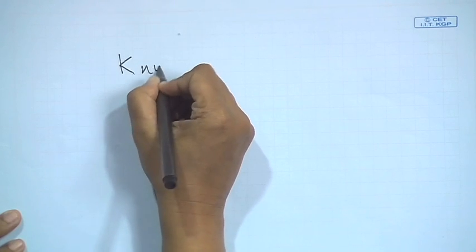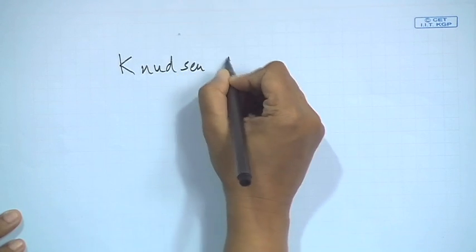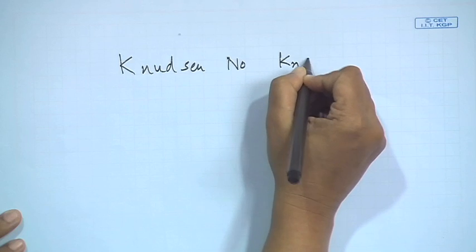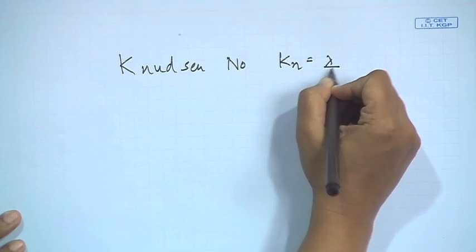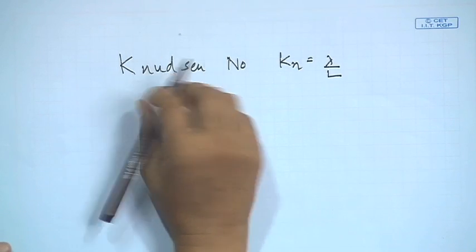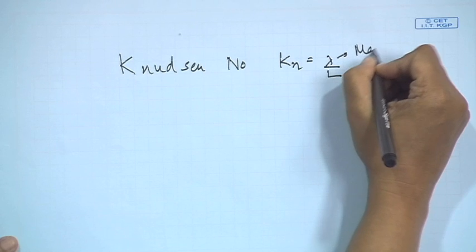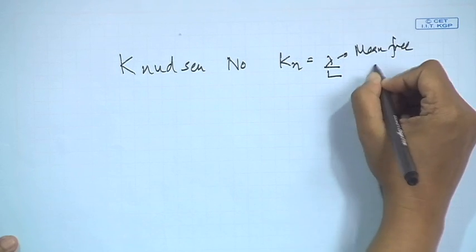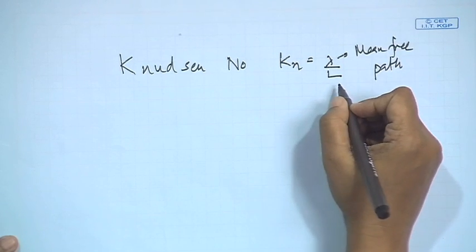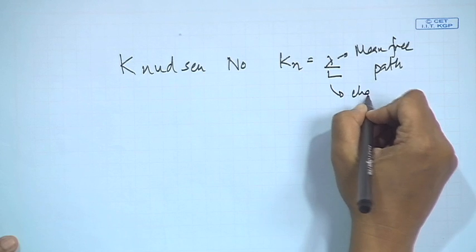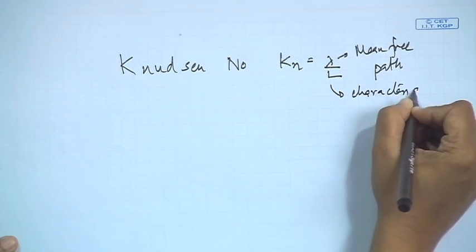Therefore, the range of microchannel needs to be defined for gas flow, and this range is defined in terms of the Knudsen number, Kn, which is equal to lambda by L, where lambda is the mean free path and L is the characteristic length of the conduit.